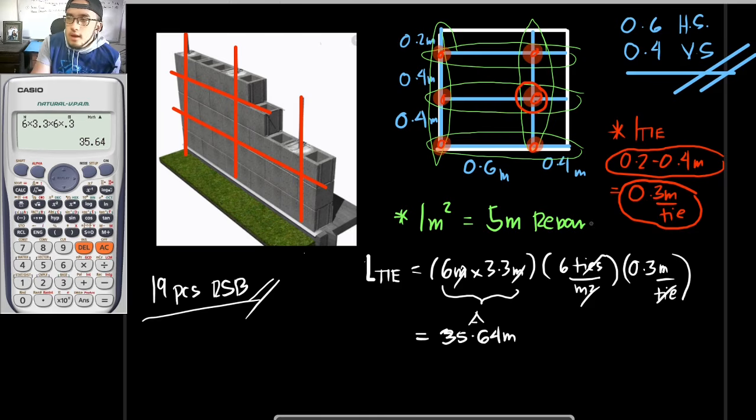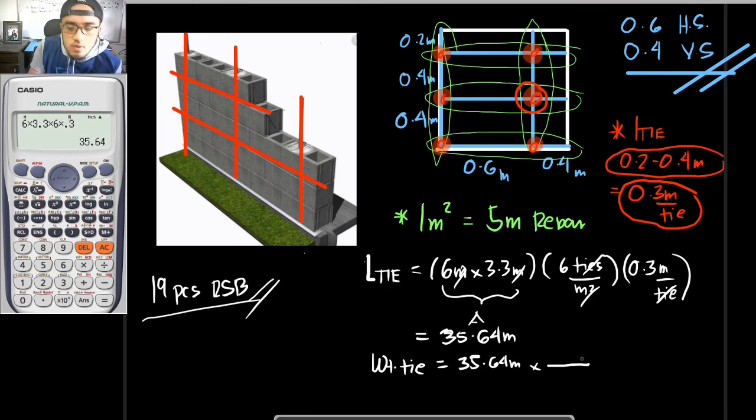And, guys, ang bentahan ba natin ng ties would be in terms of meters? Guys, hindi. Bentahan natin ng ties is in per kilo. Per kilo talaga yung bentahan natin ng alambre. So, for us to get the weight of the tie, weight of the tie is equal to 35.64 meters. Then, let's convert this into kilos.